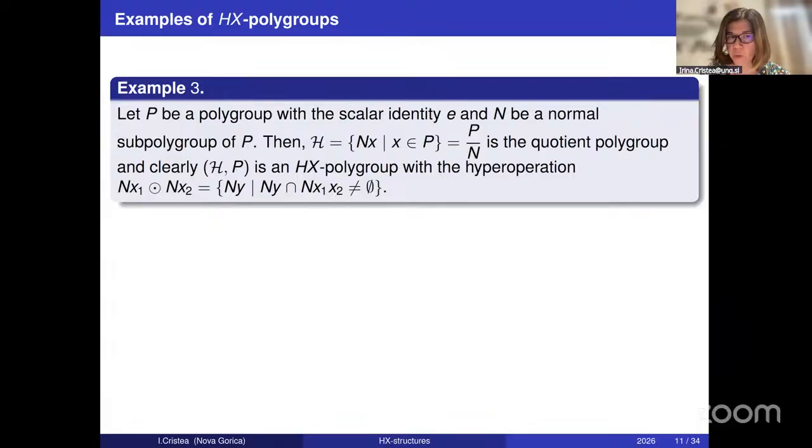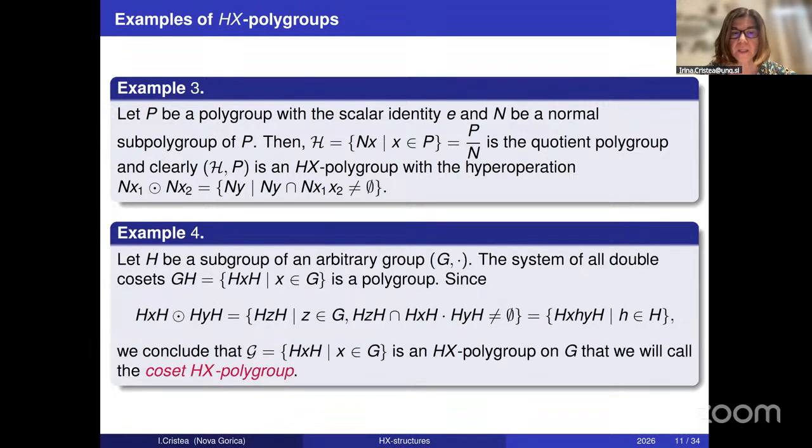As an example, how can we obtain this? Let's start with a polygroup P with the scalar identity E, and N a normal subpolygroup of P. Then we can construct the quotient polygroup, and we obtain that this is indeed an HX polygroup based on our definition, where the hyperoperation is defined as we can see here in the slide. Another example was inspired by Comer's paper when he defined the cosets of polygroups.